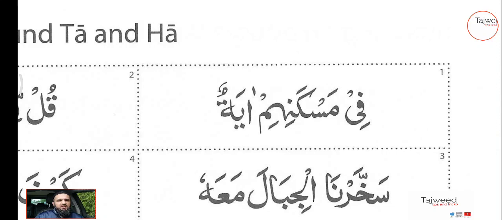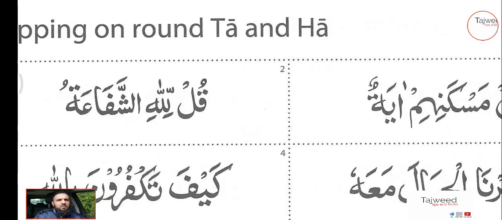So replace the double dhamma, or if it's double kasra, or if it's a fatha, whatever harakah it is, remove it and replace it with a sukoon. So you've changed it to a ha, and it's a ha sakina now. So instead of ayatun, you read it ayah. You're stopping on the ha. Ayah. Okay, that's that example. Box number 2.